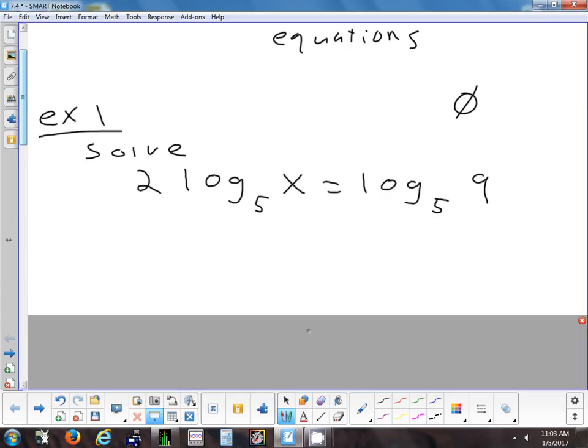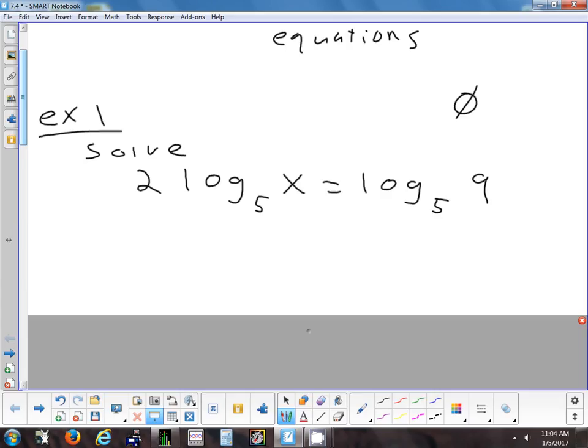So if I look at this problem, does anybody see one of the rules I just mentioned that I could use here? Okay, so we could change things into exponential form.